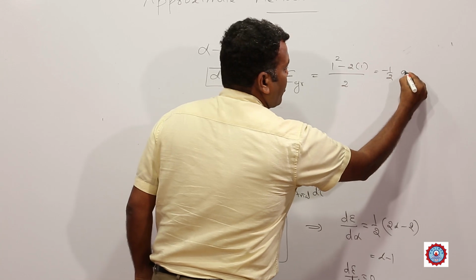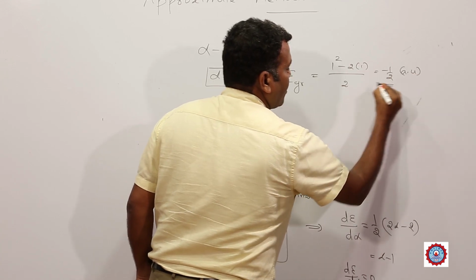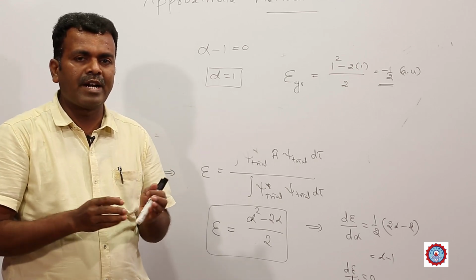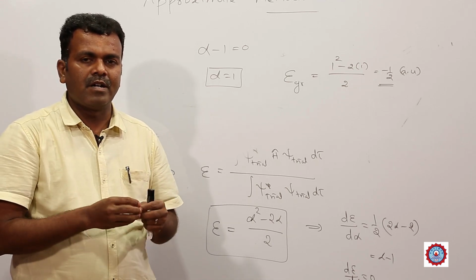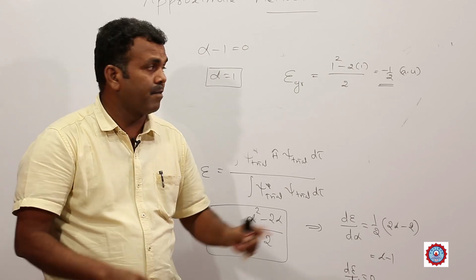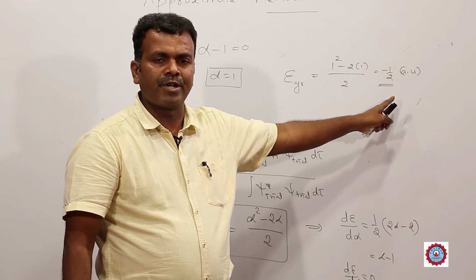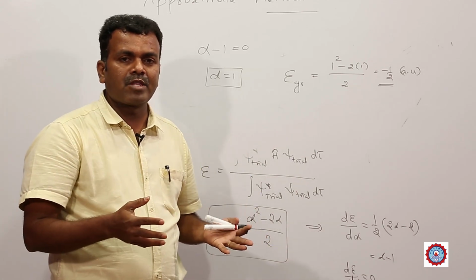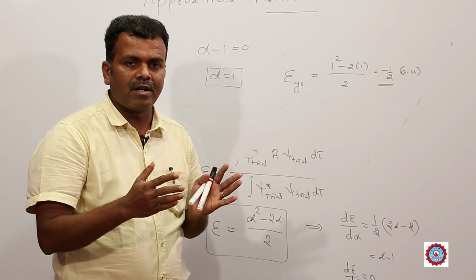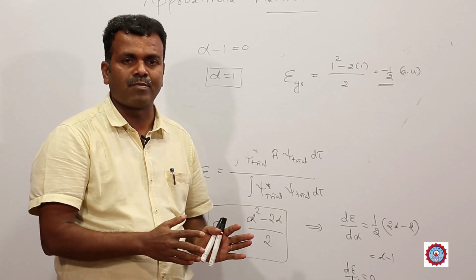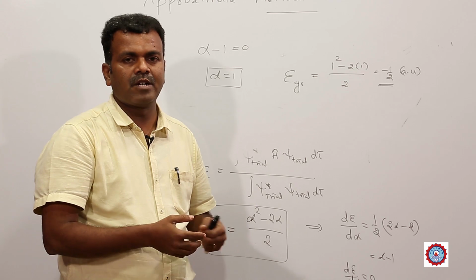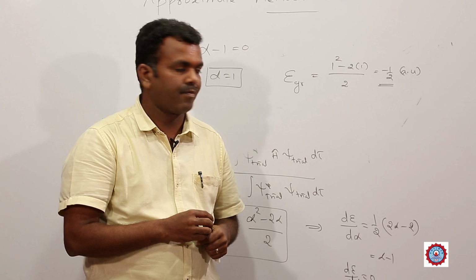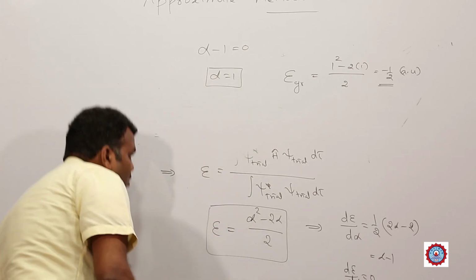We know very well that if you solve the Schrodinger equation for the hydrogen atom and calculate the ground state energy, we end up with the same answer, minus 1 by 2 atomic unit. This indicates that the variation method works perfectly for known systems.